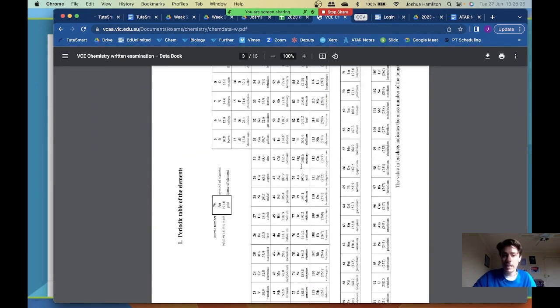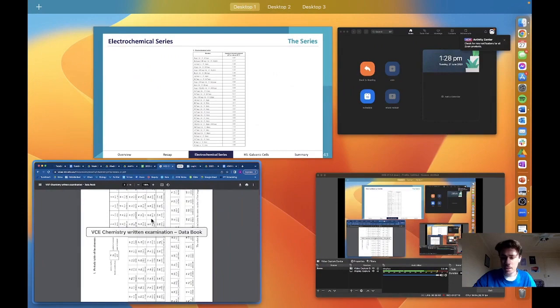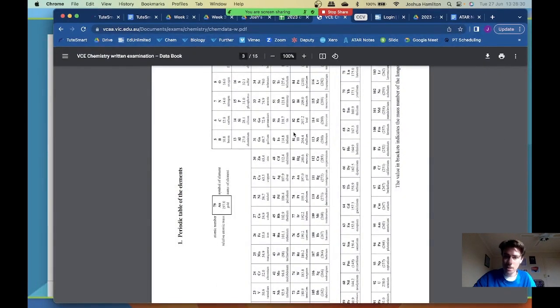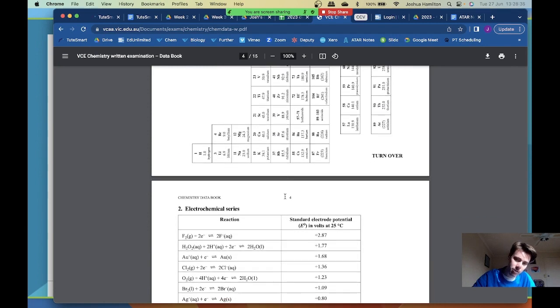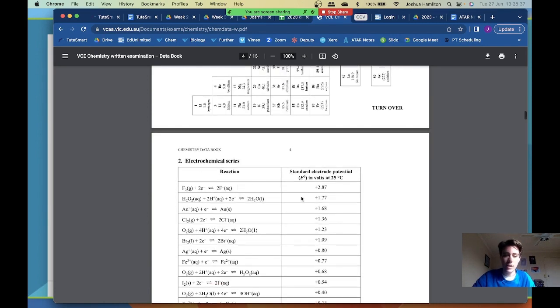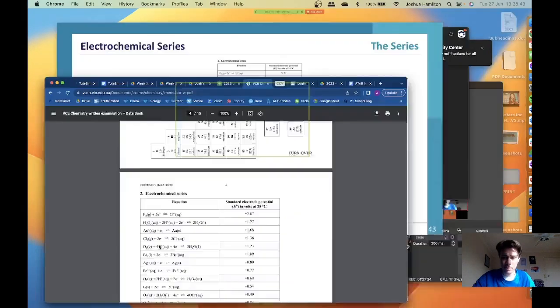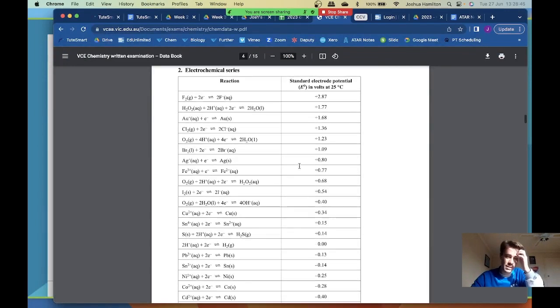If I scroll down to page 4, one of the first couple of pages, you find Figure 2, the electrochemical series. It has all these numbers here, which I don't want you to worry about for today. We will talk about them in class, and in our next set of lectures in spring.